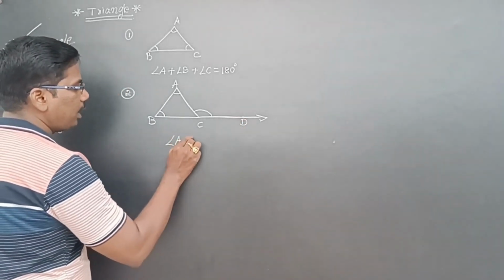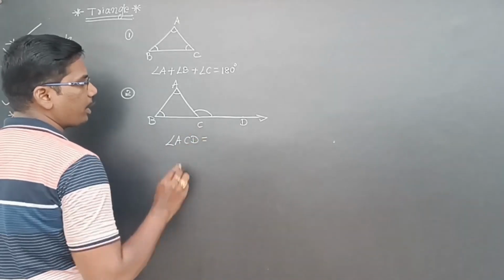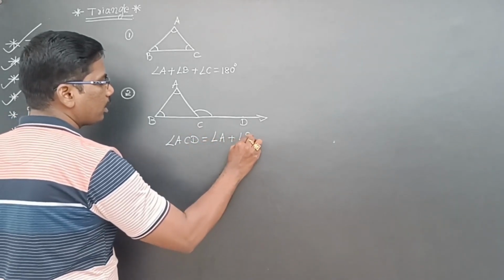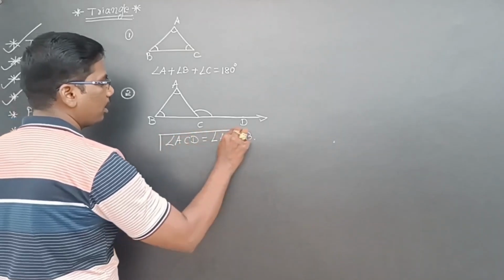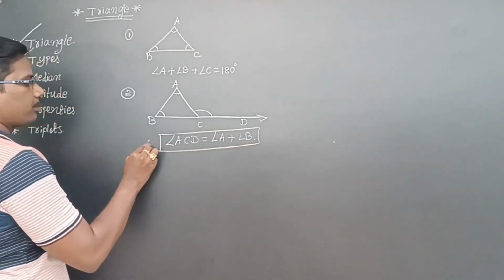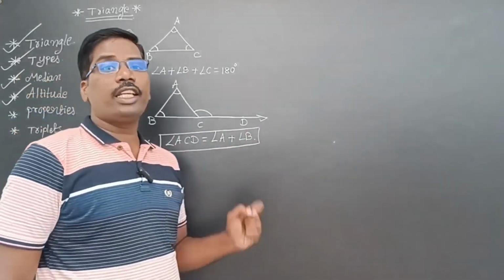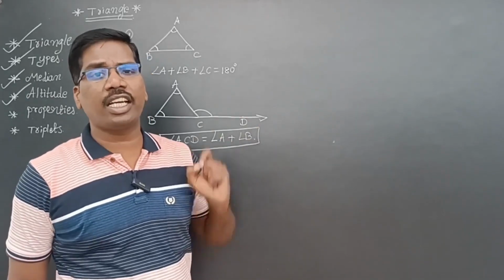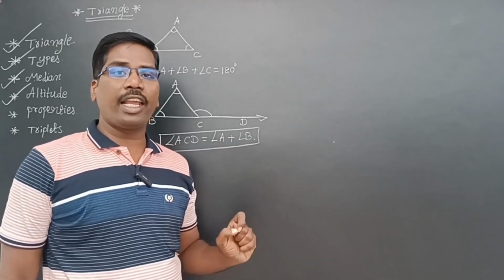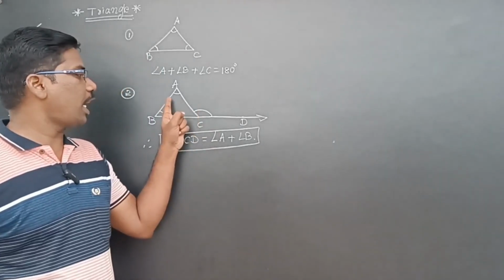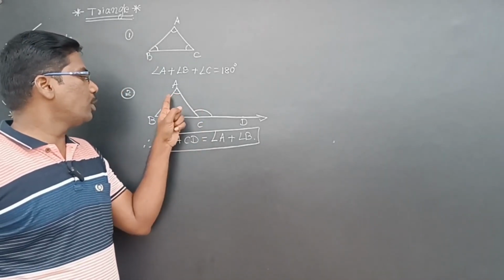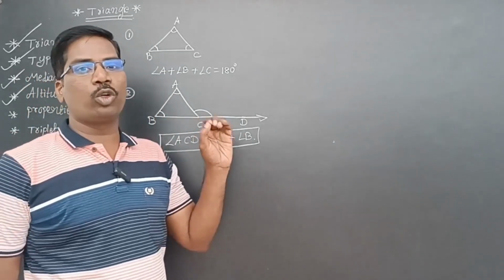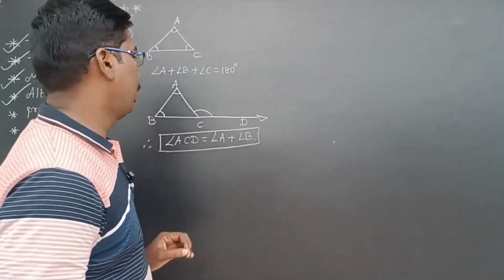Angle ACD, the exterior angle of a triangle, is equal to the sum of the opposite interior angles. Most important: the exterior angle of a triangle is equal to the sum of the opposite interior angles. This is a very, very important property.